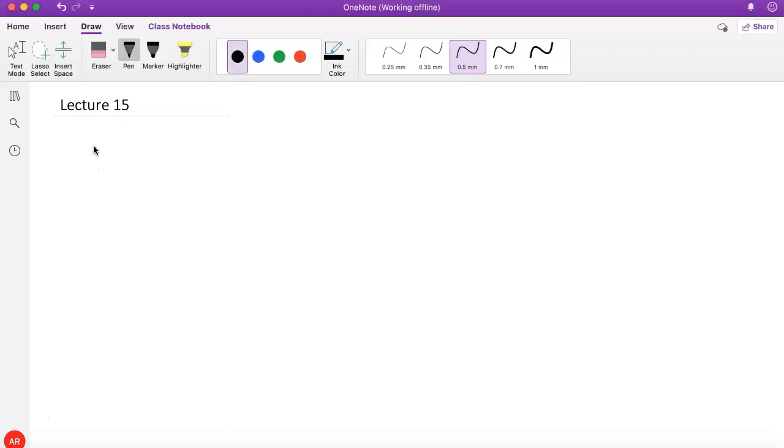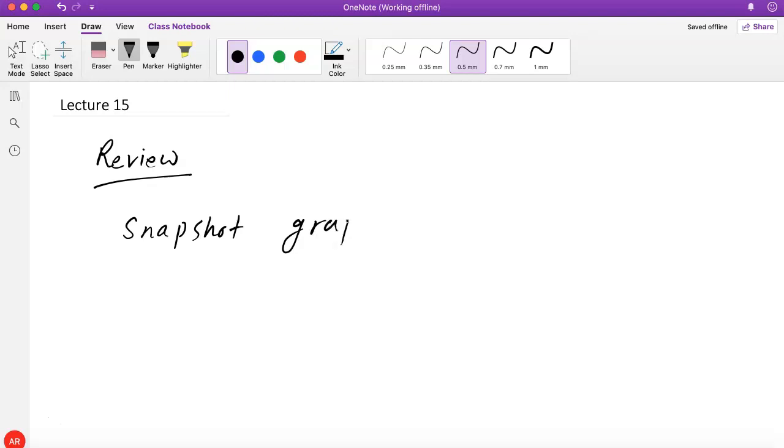So last time we talked about two different pictures of thinking about waves on a string. So one was the snapshot picture, or snapshot graphs, let's say.